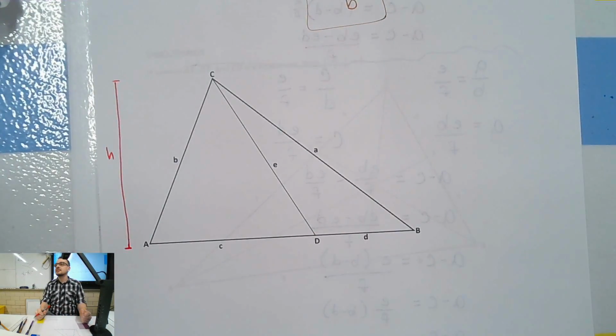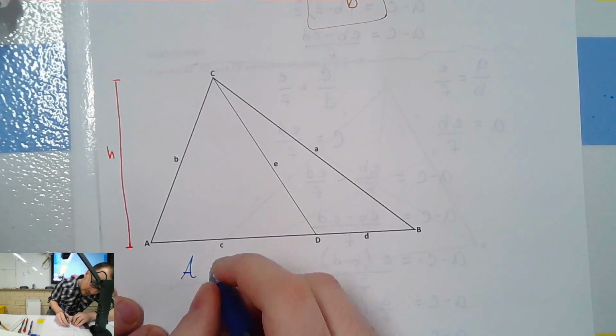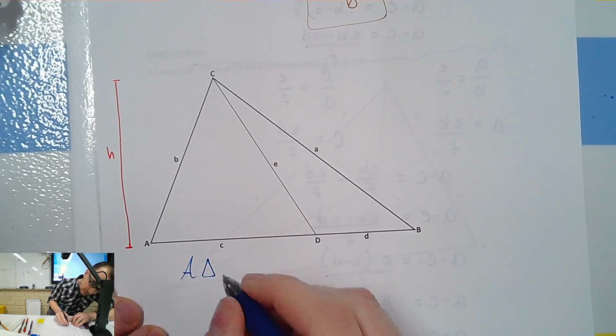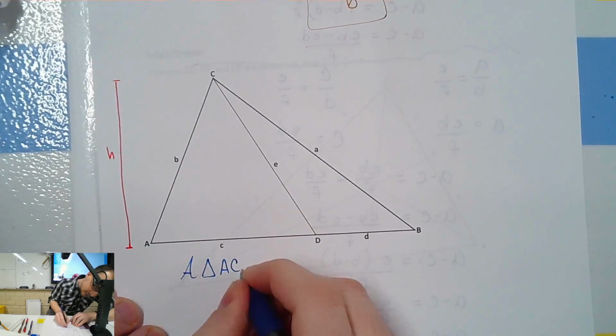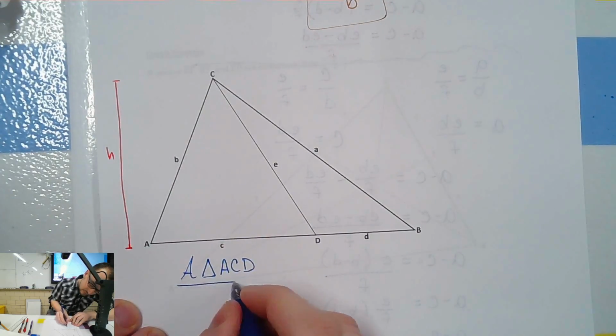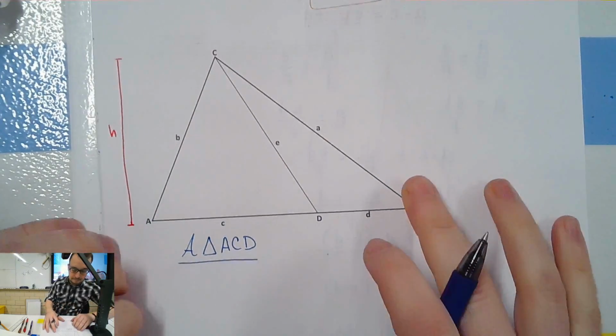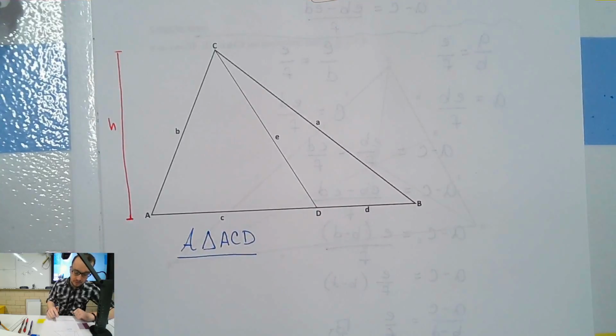Right? It's interesting. The area of triangle ACD is proportional to its base, AD, right?